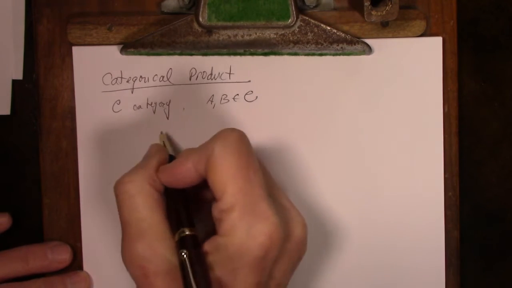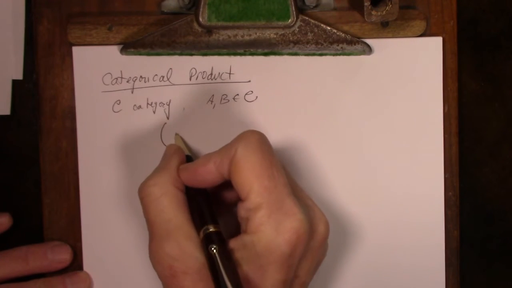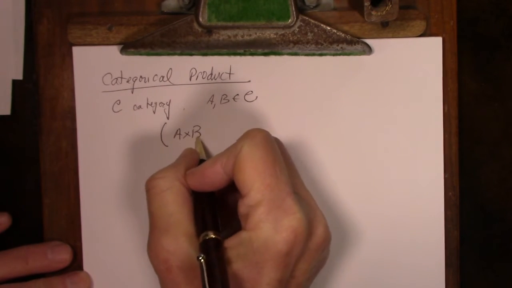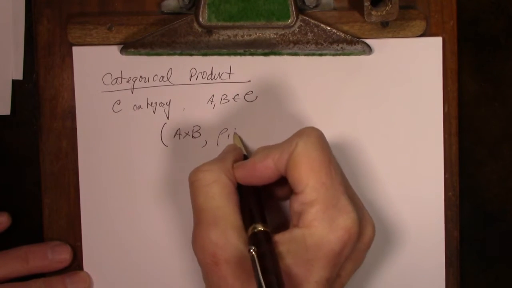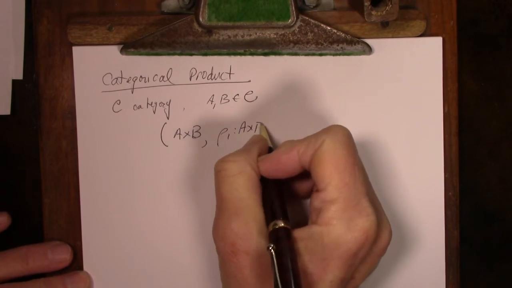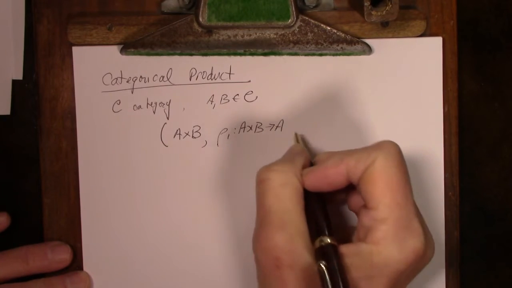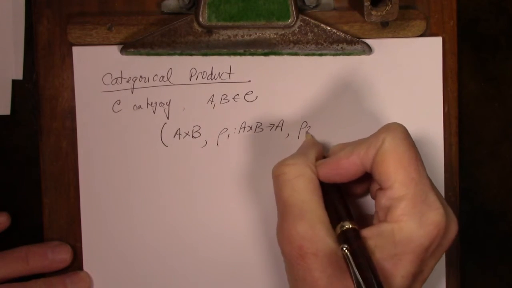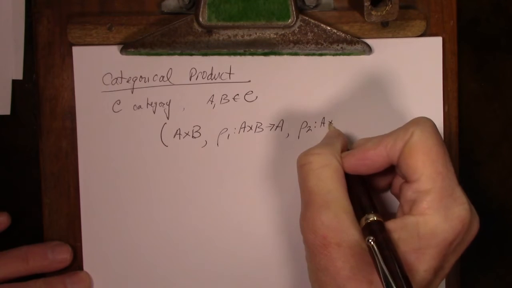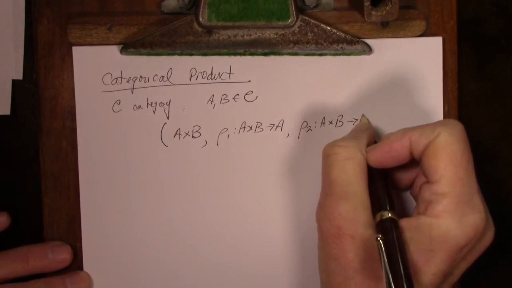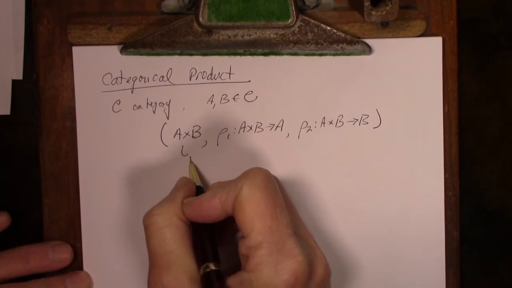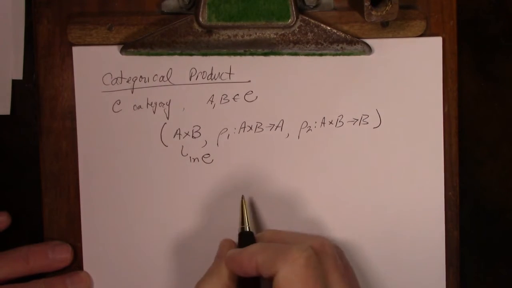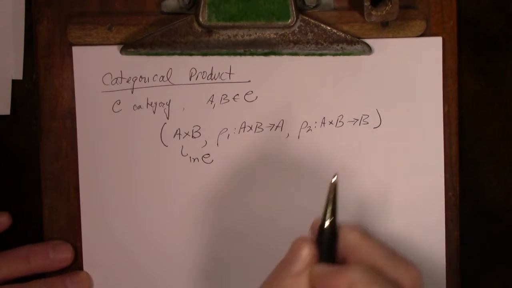So a product is a triple: A cross B, a morphism rho 1 from A cross B to A, and another morphism rho 2 from A cross B into B. So this is an object in the category C, and these are morphisms in C.